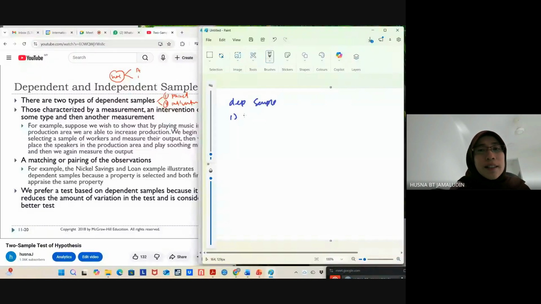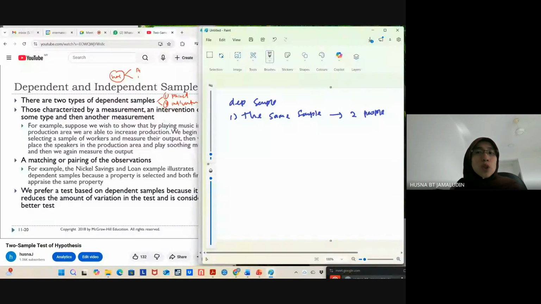The first scenario is when you are looking at the same sample. The same sample is evaluated by two companies or two people. Let me put here two people.